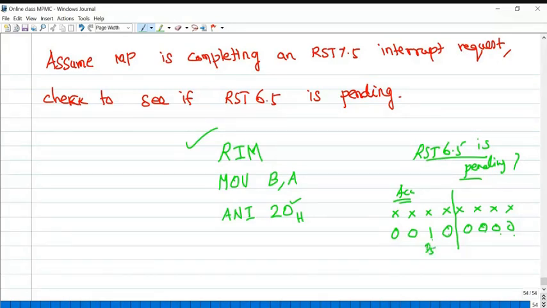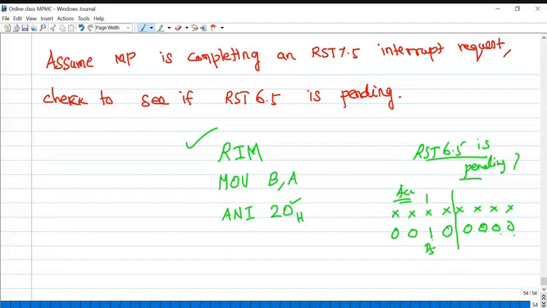Purposely, I'm performing the logical AND operation between the accumulator content and 20. If the D5 position in the accumulator is 1, then obviously your result will be non-zero. Correct or not?